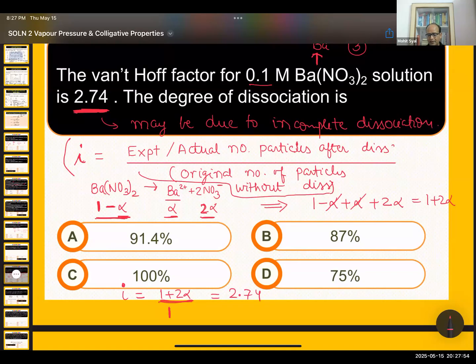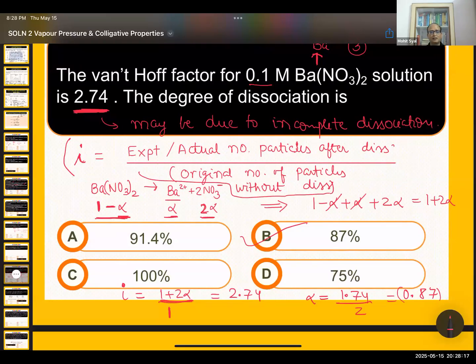Alpha is just subtract 1, cross multiply, subtract 1, 1.74 by 2, 0.87. So alpha is out of 1, percentage is out of 100. Ibrahim, so I will multiply it by 100, it is going to be 87%.